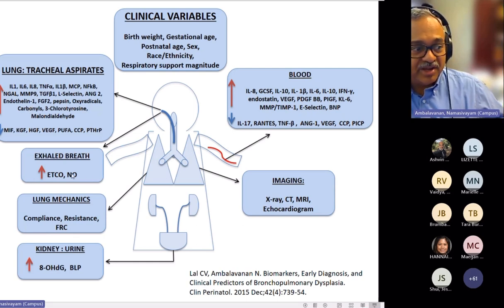Also in the exhaled breath, the lung mechanics, and X-ray imaging too. Obviously, if you look at an X-ray and you see multiple patchy areas of atelectasis and cystic areas, you know the infant has severe BPD. Echocardiogram could show you pulmonary hypertension or other markers of bad lung disease. So those are some of the things that we look at in terms of routine clinical practice.